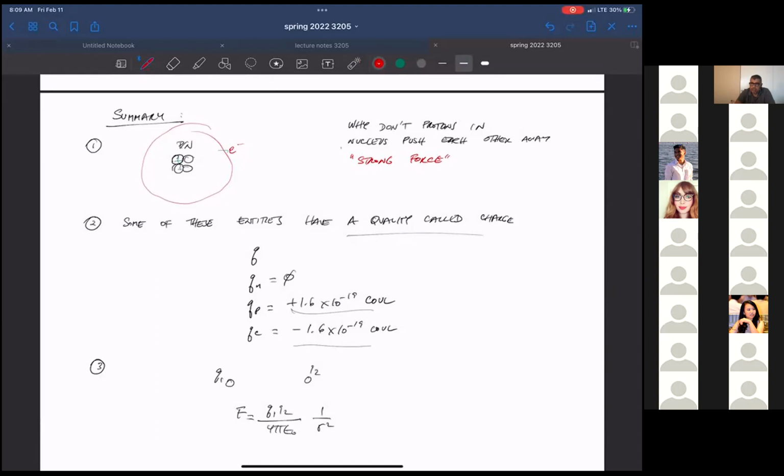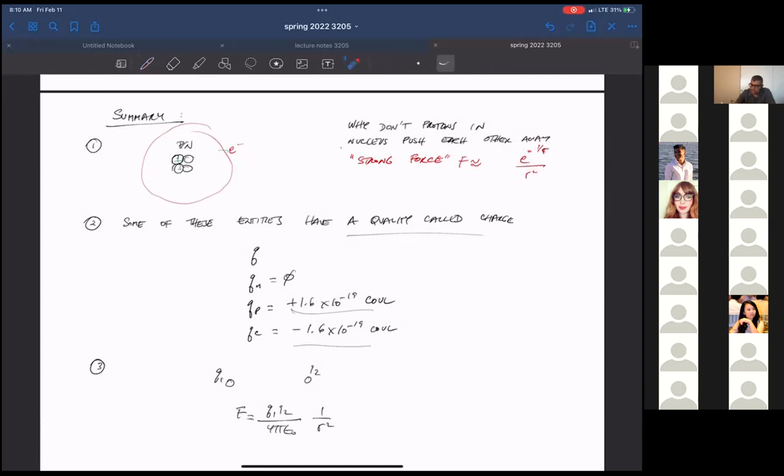So it's pulling the protons together. But if I remember correctly, it's sort of an e to the minus 1/r² kind of effect. I know it has this exponential effect.